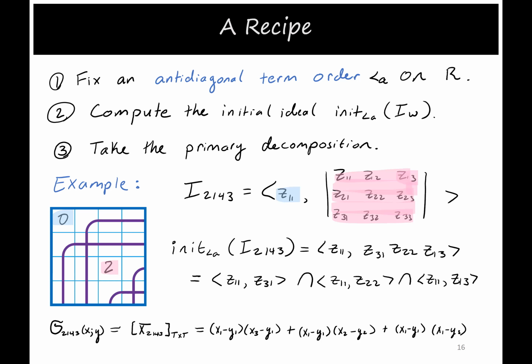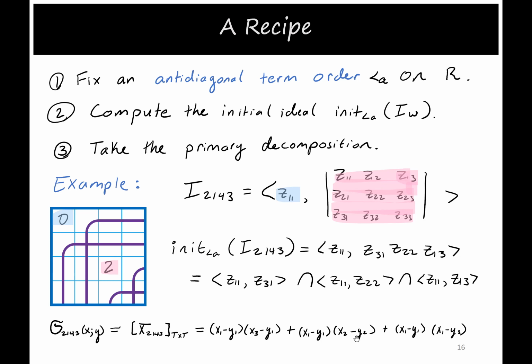In this case, the permutation 2143 is generated by two different minors. An anti-diagonal term order means the lead term of a minor is just the product of the variables on the anti-diagonal. Here, the lead terms have no common variables. This is a Gröbner basis. We can take lead terms to generate the initial ideal and take, in this case, a prime decomposition.